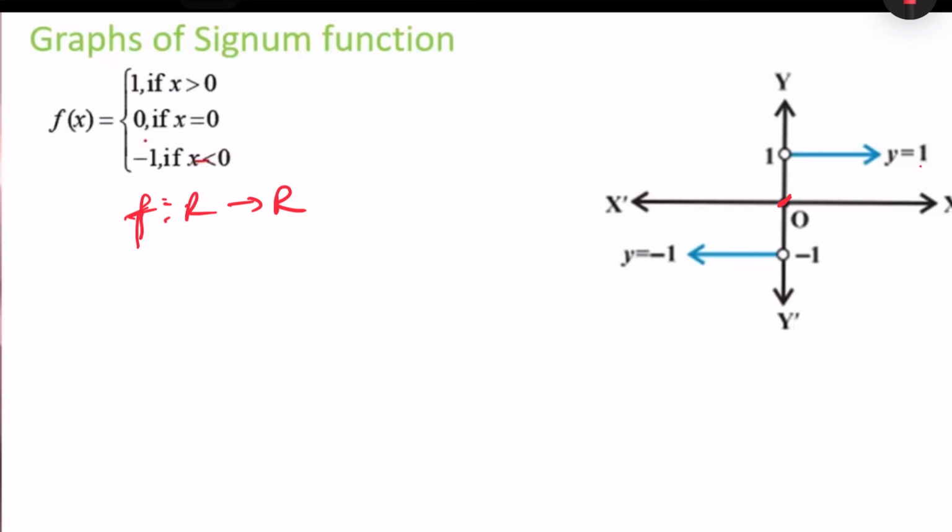You can see over here, y is always equal to 1 if x is greater than 0, y takes value 0 if x is equal to 0, and takes -1 if x is less than 0. So this is the way it is defined. This is a different type of graph.